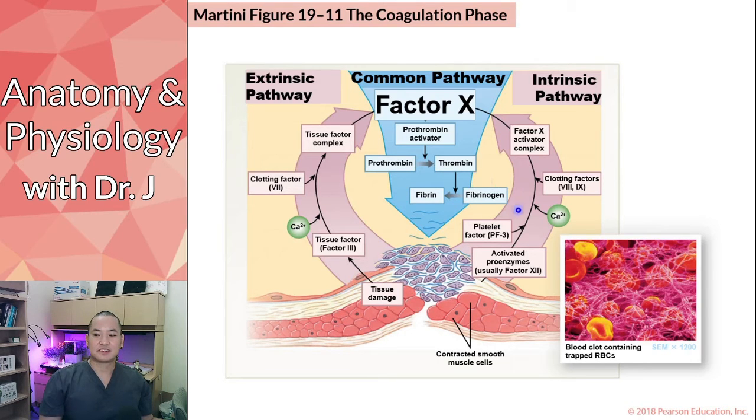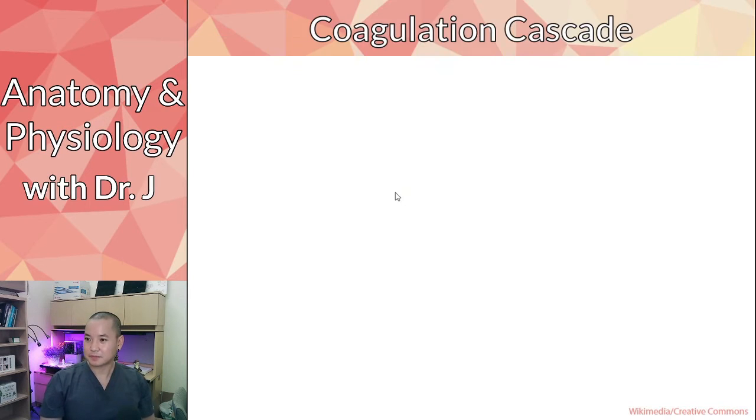Thrombin converts the protein fibrinogen into fibrin. And fibrin forms a fibrous protein patch that helps to seal up the little cracks between the platelets. It's like the platelets are the bricks, and fibrin is the mortar that helps seal the areas between the bricks.